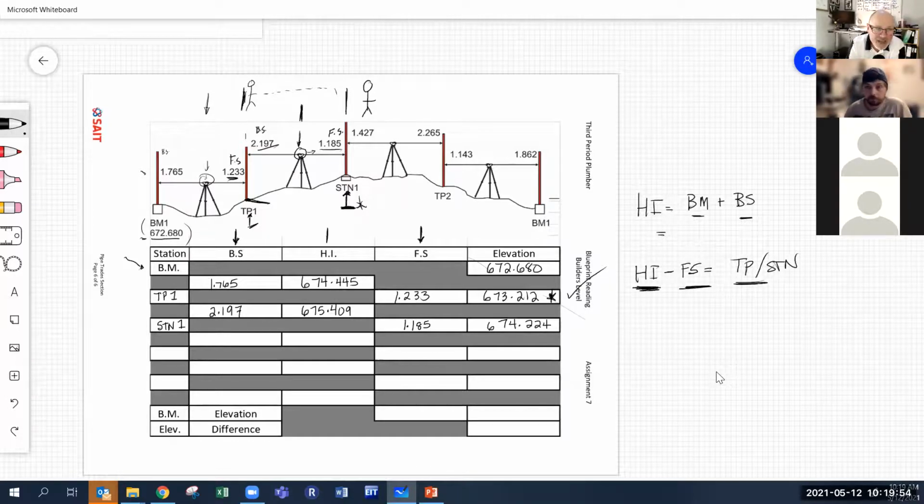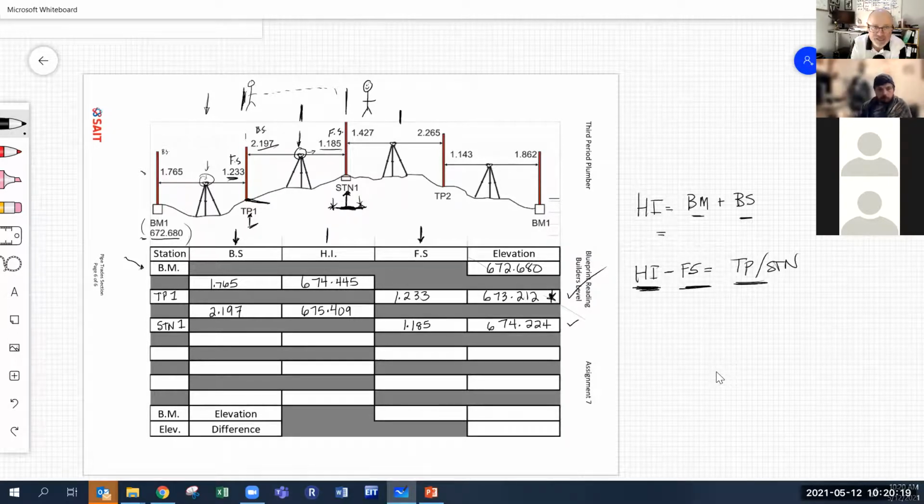So now we have this new elevation at station 1. We determined what that is right there. We will then move our instrument. So now the instrument gets moved. The person at station 1 stays there. They don't move.